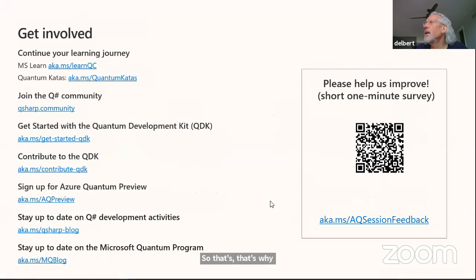So that's what I had prepared, and I want to point out that there are a ton of ways to learn more about this stuff. The Q# language is open source, the QDK is open source, so you can jump in and contribute and work with Azure Quantum, which is now in preview, so sign up.